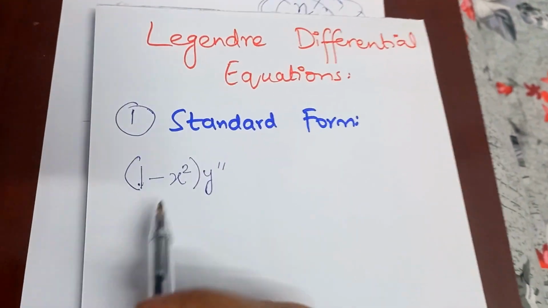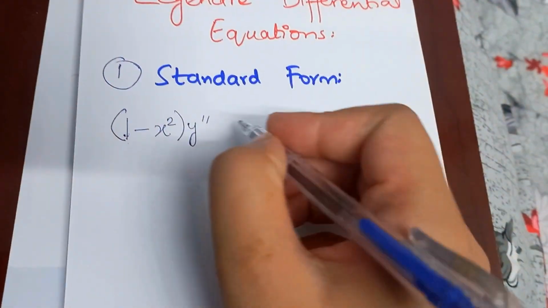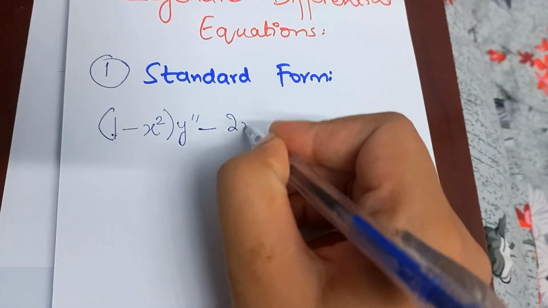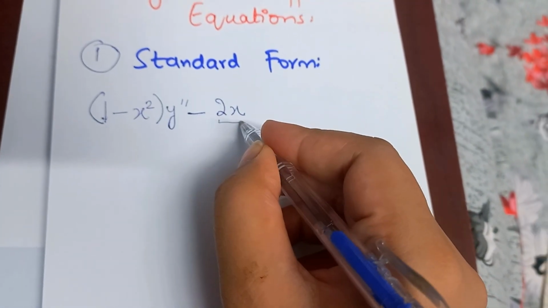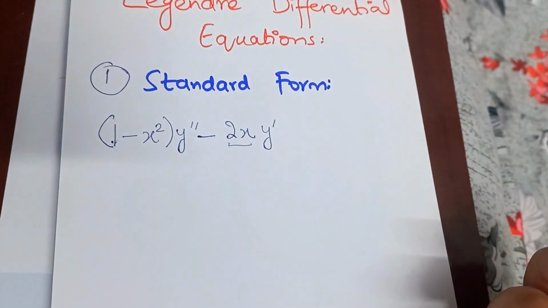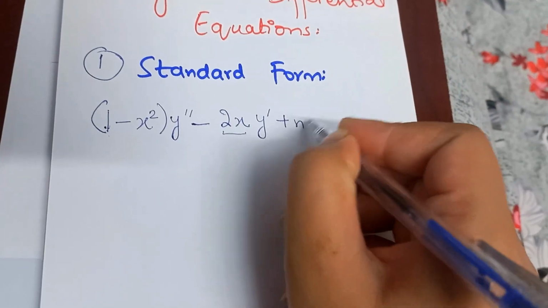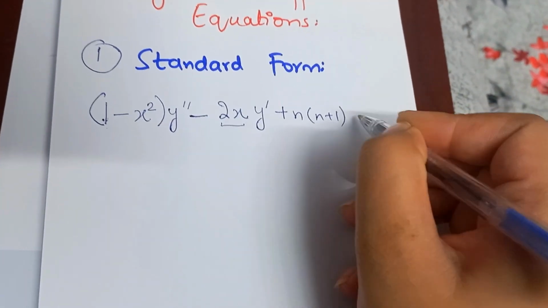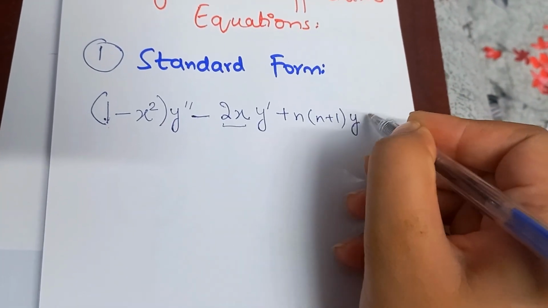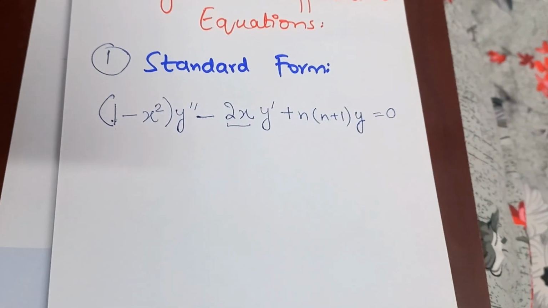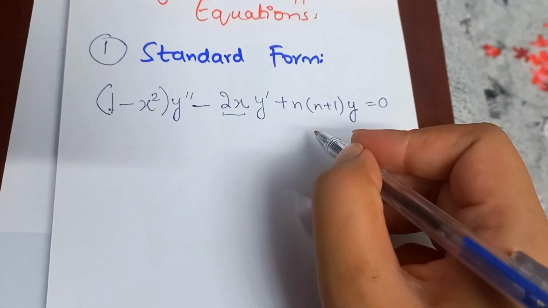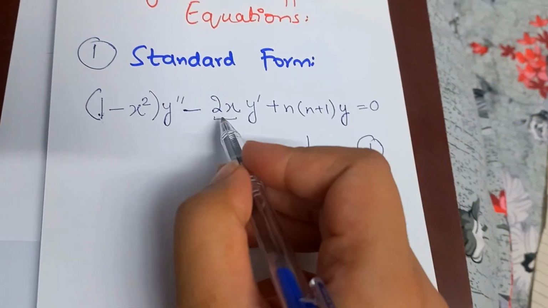So, 1 minus x square y double prime minus 2x y prime plus n into n plus 1 y equals 0. This is the standard form of Legendre differential equations.